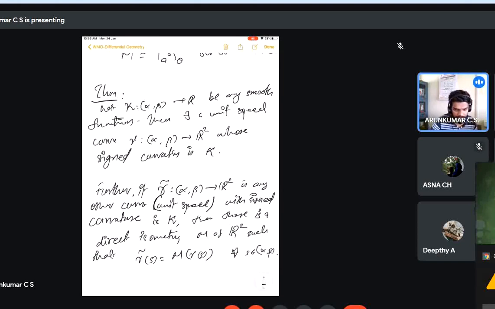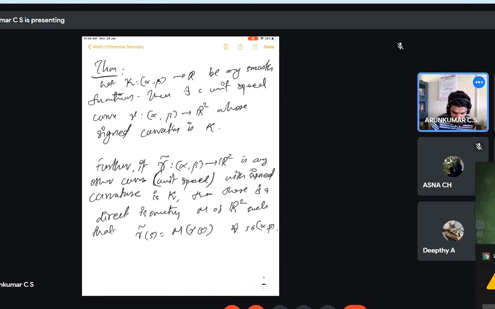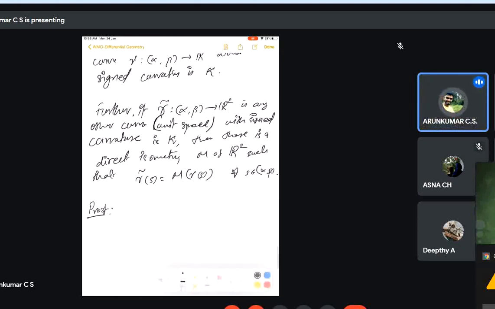Okay, so even though the statement is long, it is easy to understand. Before that, let us see what this theorem says.